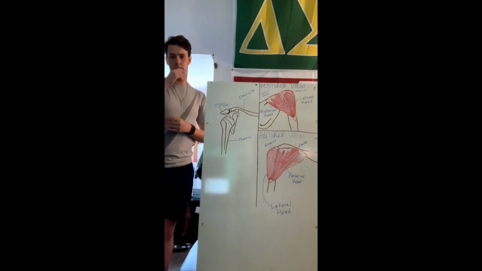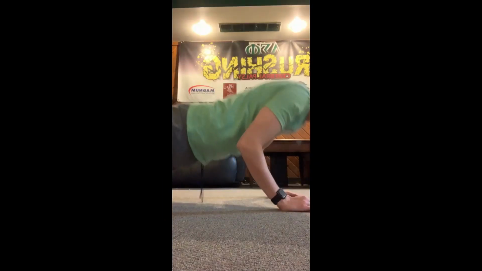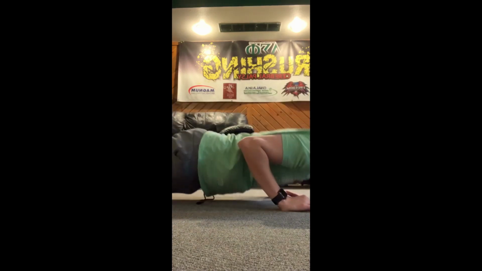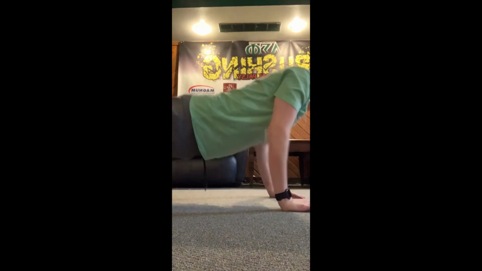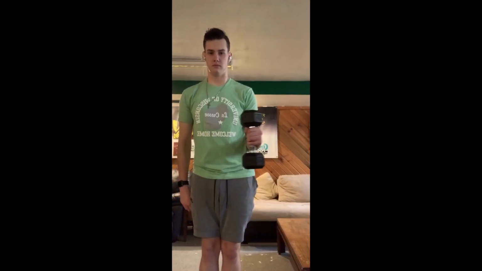Alright, finally, let's wrap up the video and get into some of the exercises that we can do that work the delts. So, starting off with some basic push-ups, this is gonna exercise your anterior head. Doing this movement here, you're gonna target your posterior head.